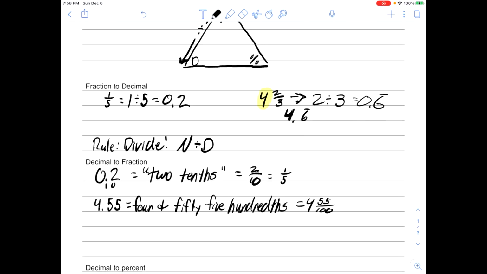Again, my other option, if I'm not really strong with the place value and saying the numbers out loud, I could put a 1 under my decimal and then zeros under everything else. And again, I get 4 as my number in front and then 55/100. As always, I want to make sure this is simplified. Here I see that 55 and 100 are both divisible by 5. So my final answer would be 4 and 11/20. And that is dividing both the 55 and the 100 by 5.